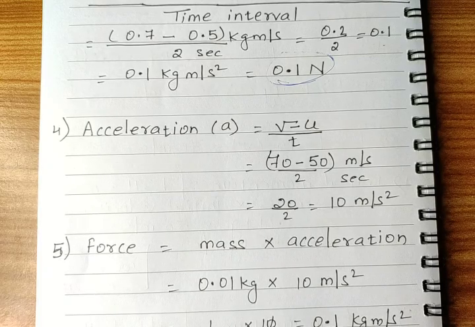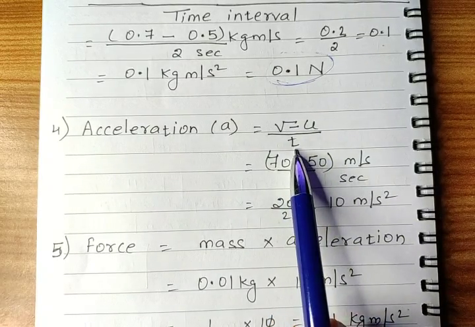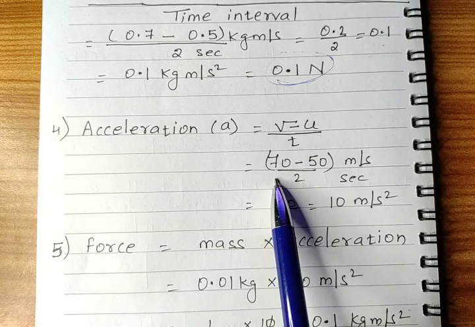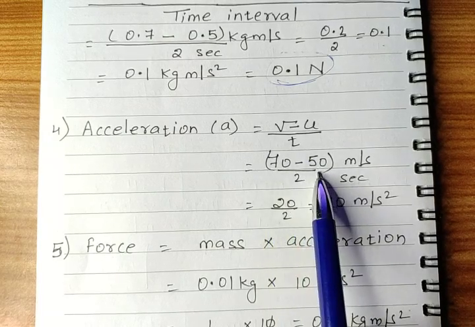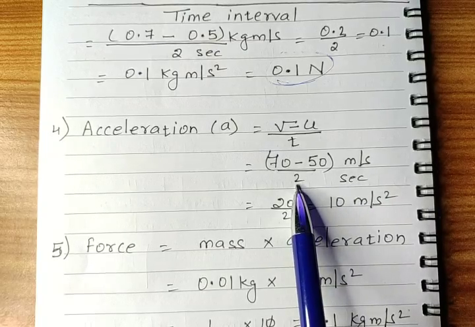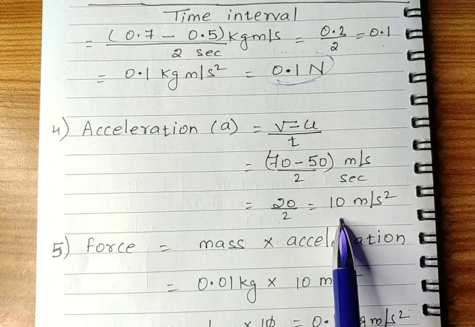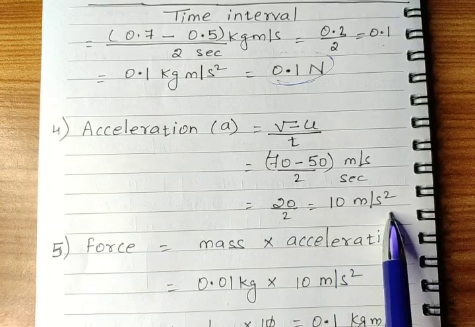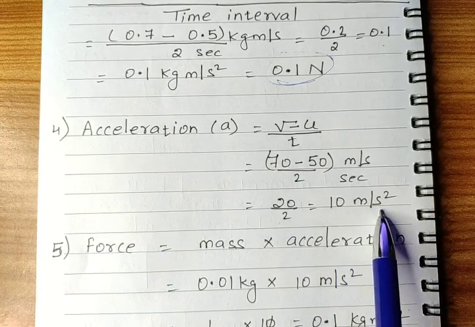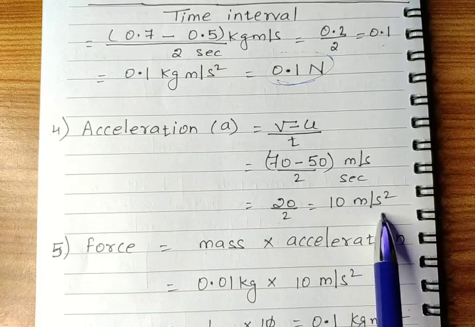That is called rate of change of velocity with the time interval, known as acceleration. That is final velocity minus initial velocity by time. Okay. Final velocity 70 meter per second, initial velocity 50 meter per second, by how much time? 2 seconds. 70 minus 50, 20 by 2, 10 meter per second square. That is the acceleration produced in the body, 10 meter per second square.